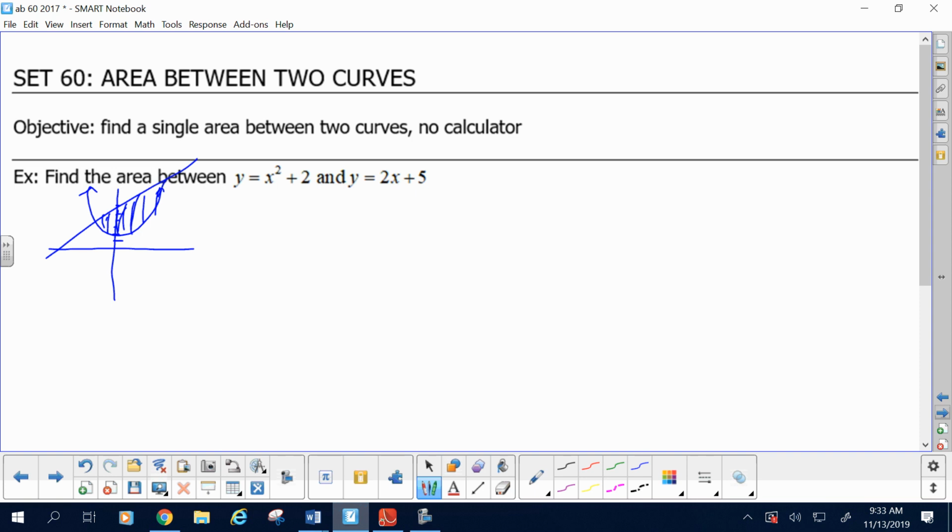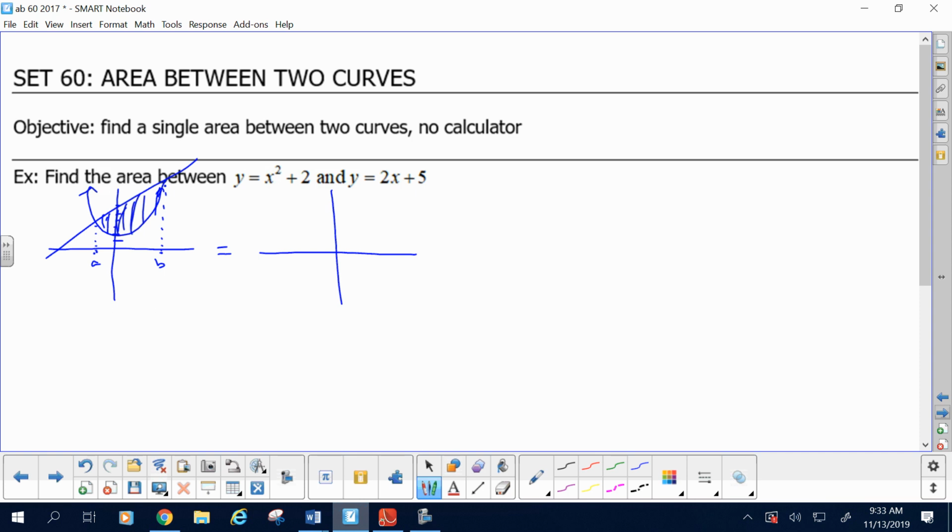The thought process goes like this. This is for note purposes. You won't typically do all this drawing, but for the purposes of notes, you would have to find where these meet. Let's call them A and B for now. And then, as you might expect, integrals find area below the curve to the x-axis.